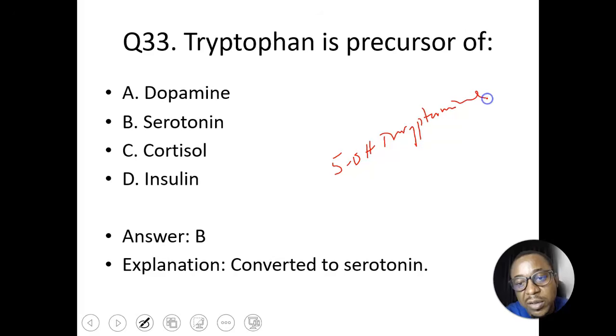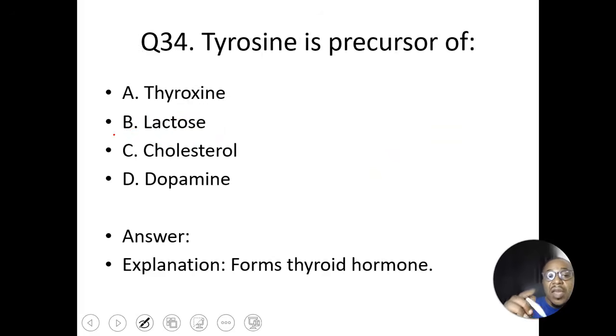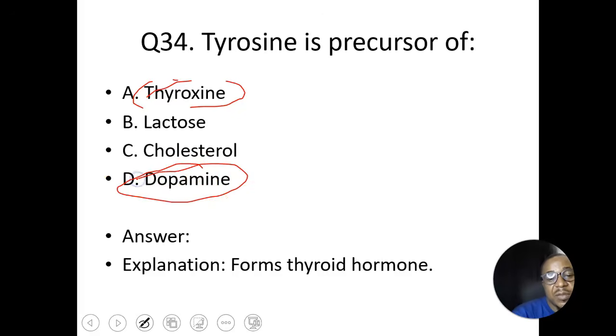So tryptophan is a precursor of serotonin. Tyrosine is a precursor of thyroxine, which is produced by the thyroid gland. We also have dopamine, so tyrosine is a precursor of both thyroxine and dopamine. Dopamine is a neurotransmitter.